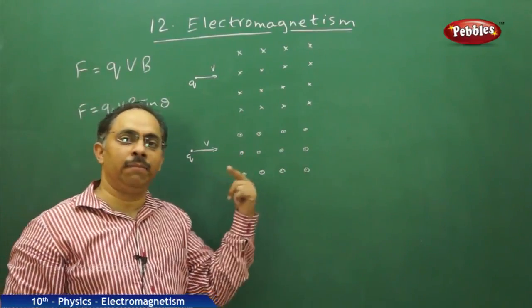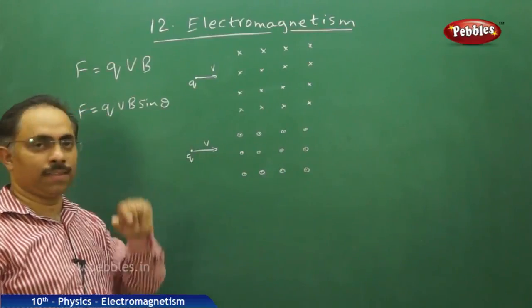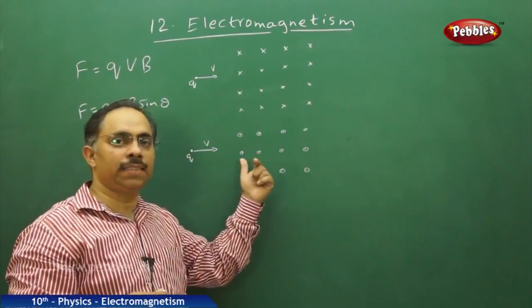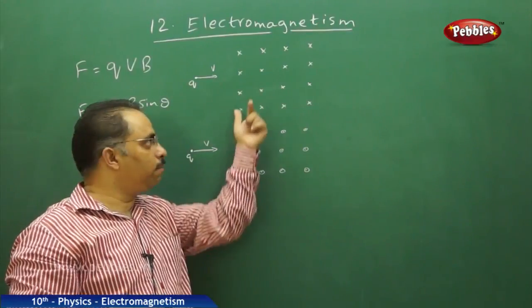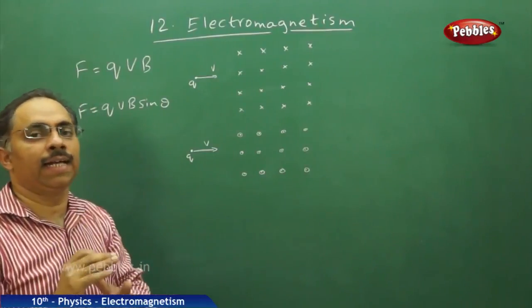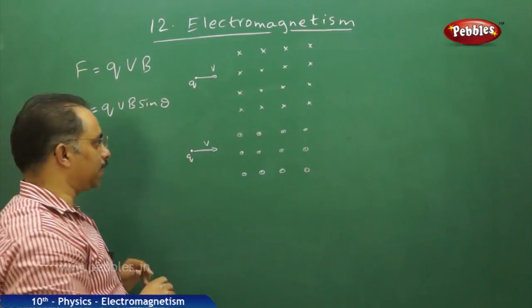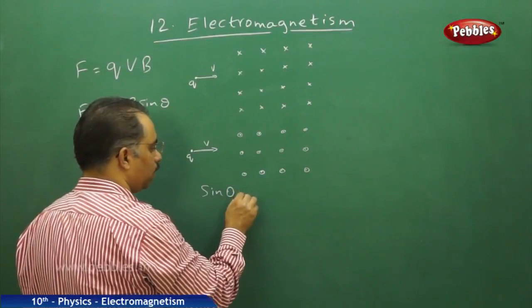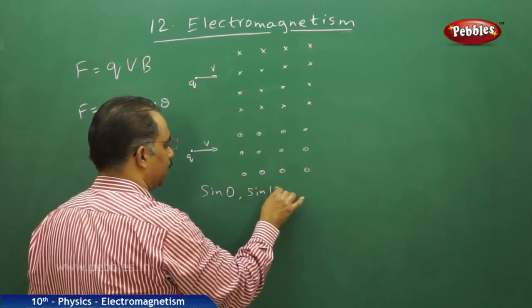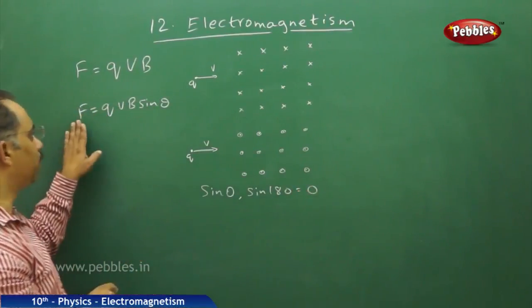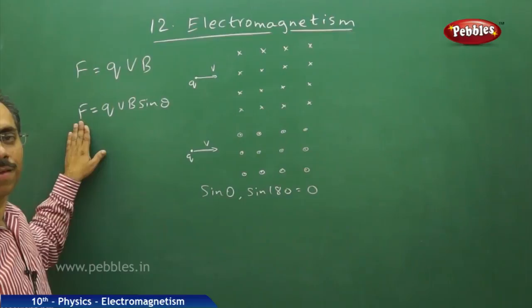If both are coming in the same direction, the angle between them is 0. If both are going in opposite directions, that means the charged particle is coming out of the board whereas the magnetic field is going into the board, in such a case the theta angle is 180 degrees. For both cases, sin 0 as well as sin 180 degrees are equal to 0. In such a case, the force will become 0.